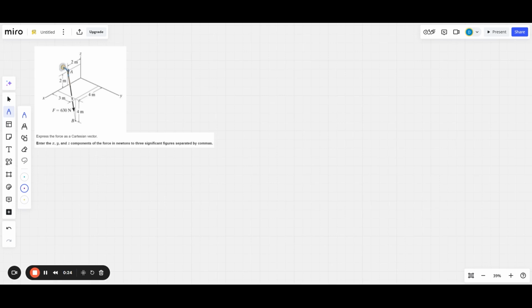So we're just given a magnitude, and just as a reminder, if I have some arbitrary vector A, a Cartesian vector is written like this.